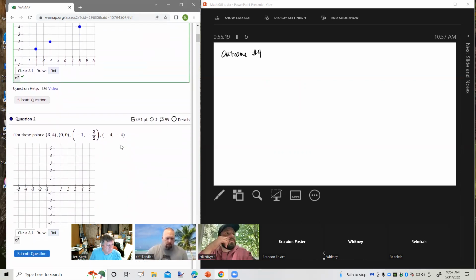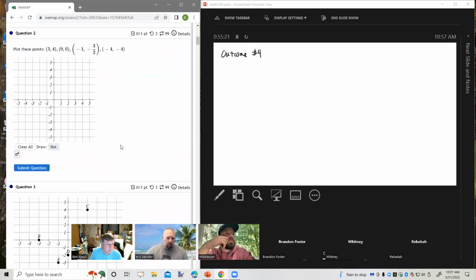Okay, let's take a look at question number 2. Same thing, plot these points. So 3, 4, 0, 0, -1, -3 halves. Well, -3 halves would be -1.5, so right there. Okay.